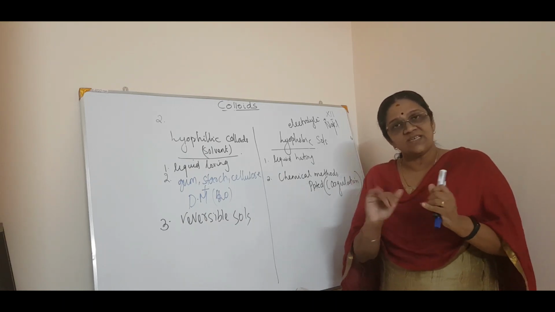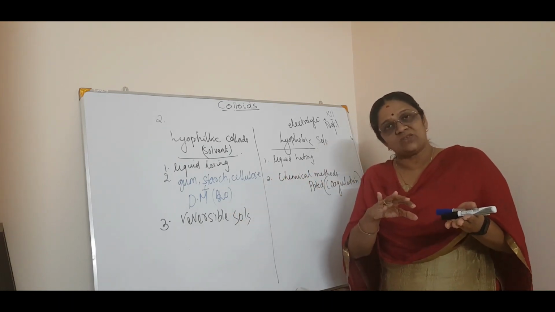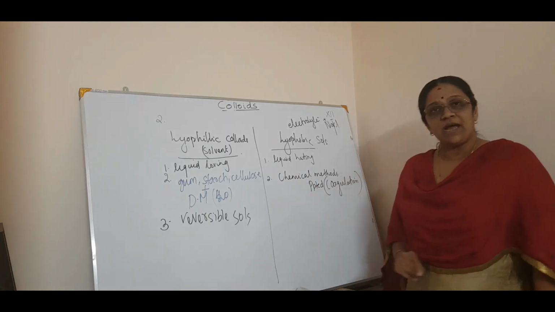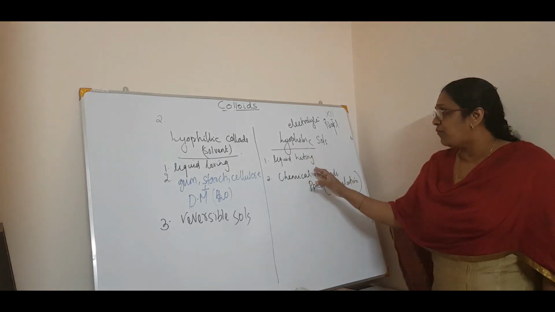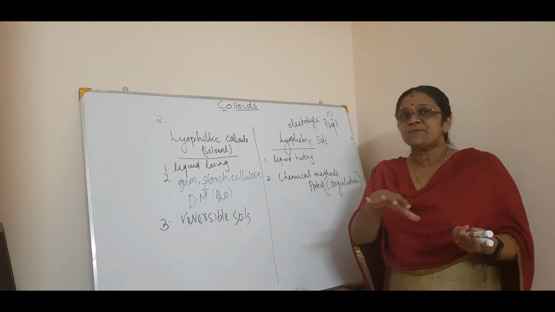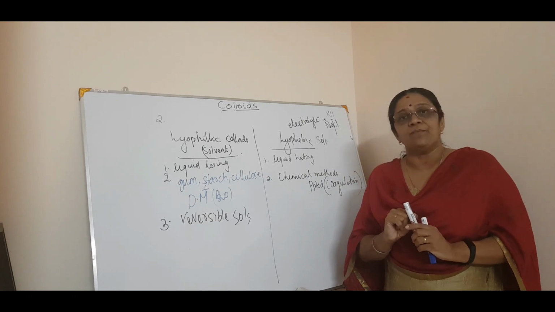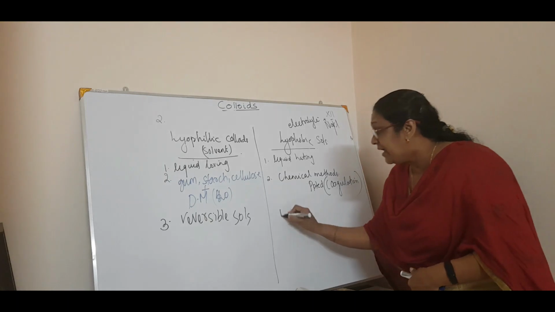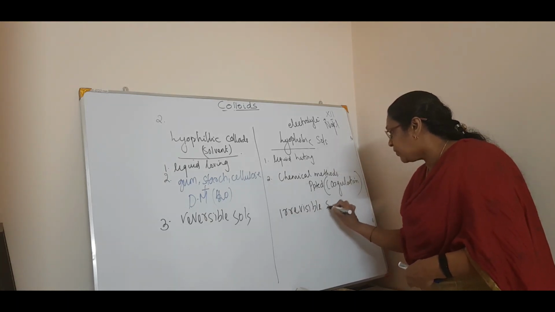If you want to make the lyophilic sol again, you just add them. But here, once the lyophobic sol gets precipitated or coagulated, it is very difficult to reverse back into the respective dispersed phase and dispersion medium. So you can call that an irreversible sol.